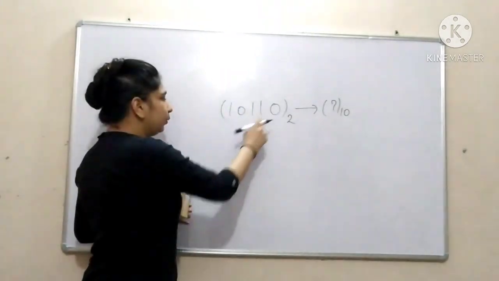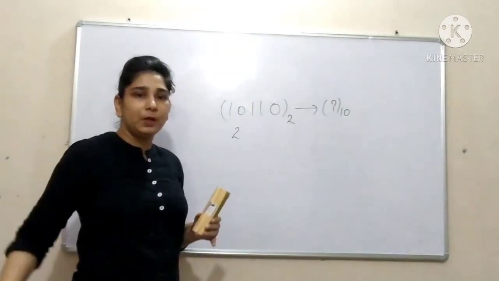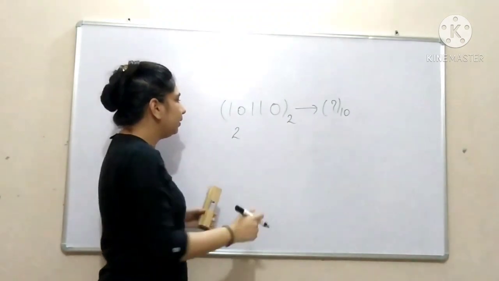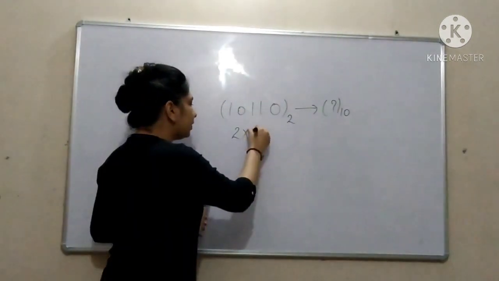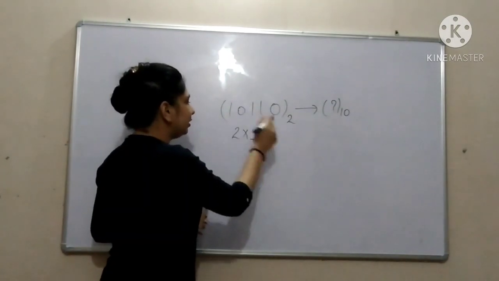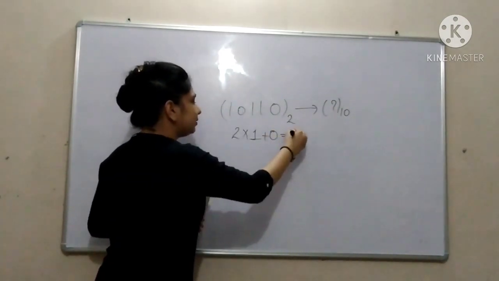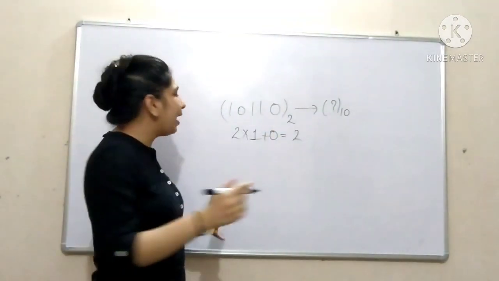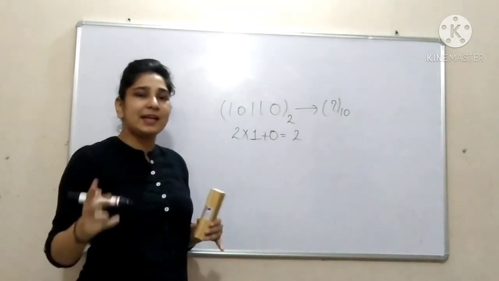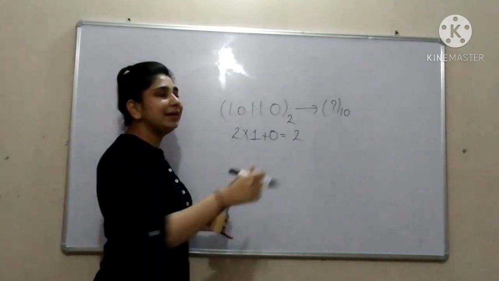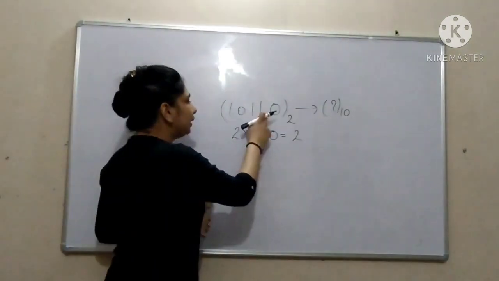So what you can do, you take 2 because it is a binary number system. So multiply 2 with the first bit 1, plus the second bit 0. It is 2. Then you have to consider only 1 bit. Initially in the first step you have to take 2 bits, but after that you have to take only one bit.